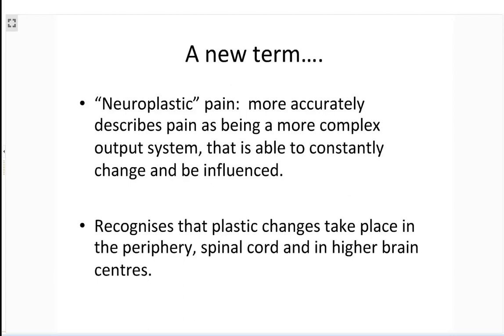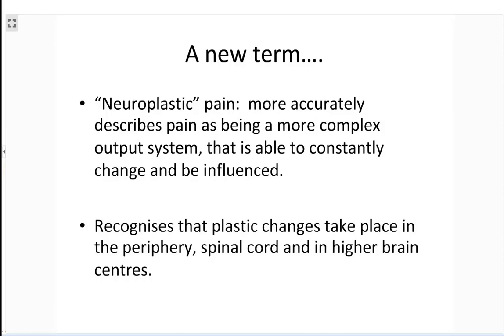So a new term that's being bandied around, introduced by Phil Siddle from Sydney, who is the Australian representative for the International Association for the Study of Pain with regards to neuropathic pain, and is involved in various statements from this group, is neuroplastic pain.